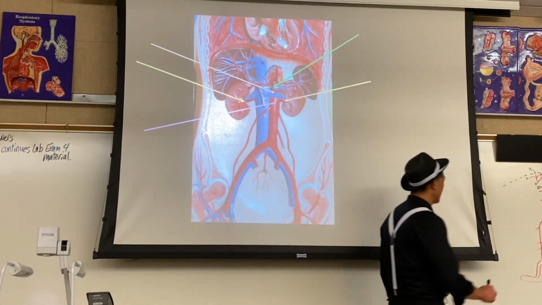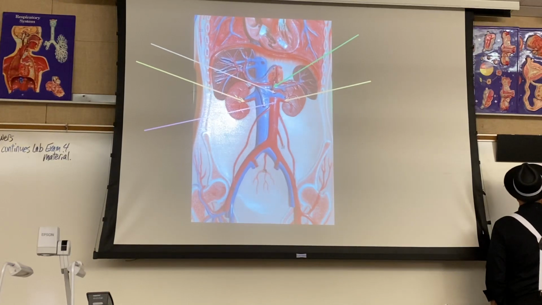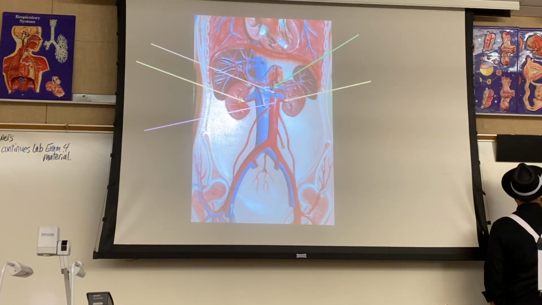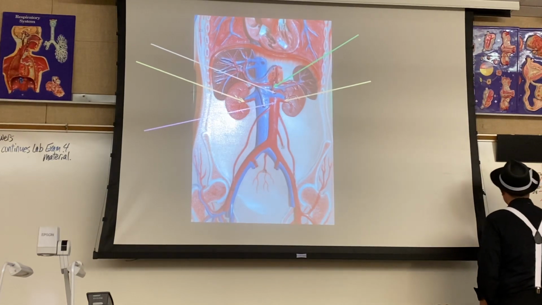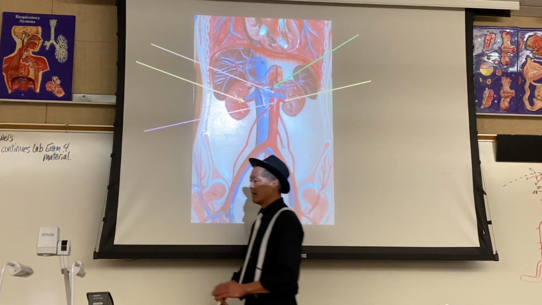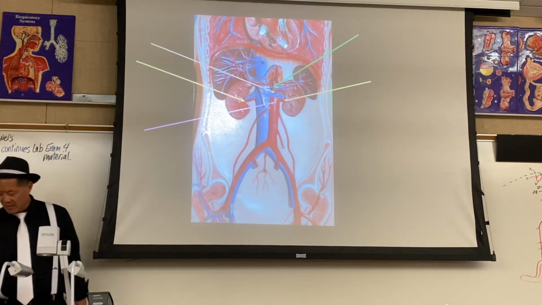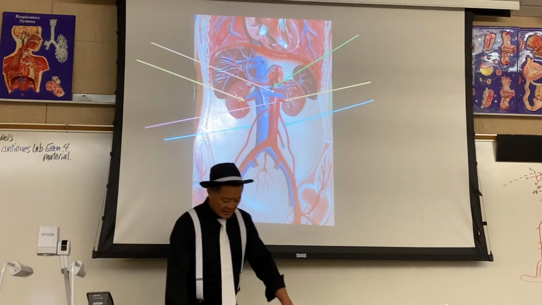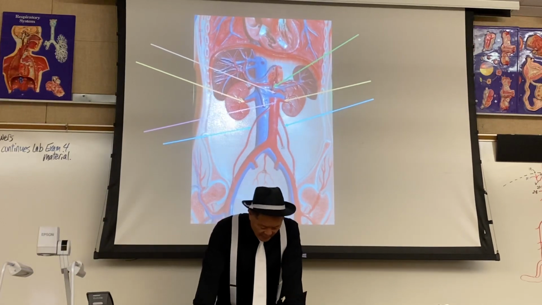This is the anterior view. Just underneath them are the right and left testicular or ovarian arteries, 22.